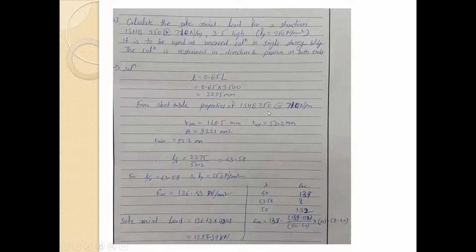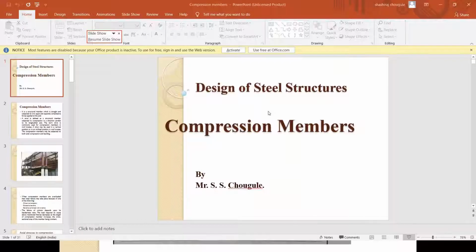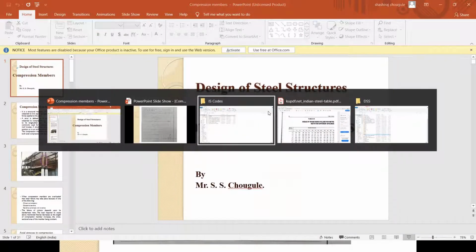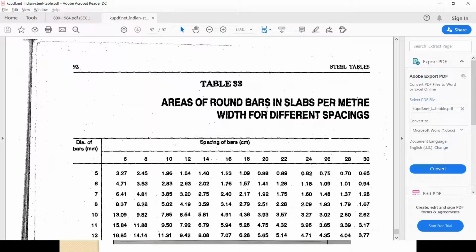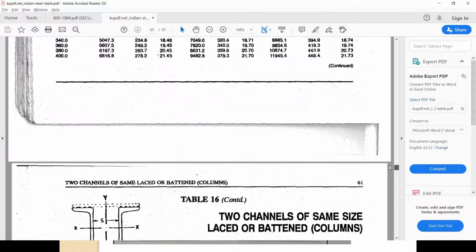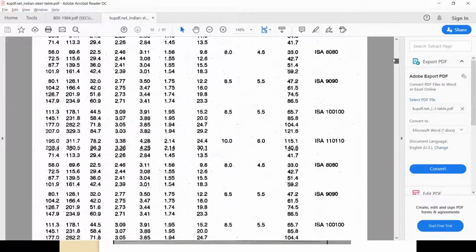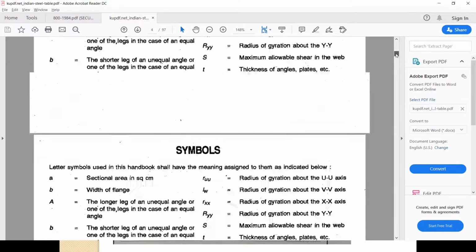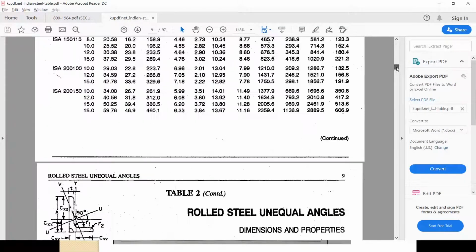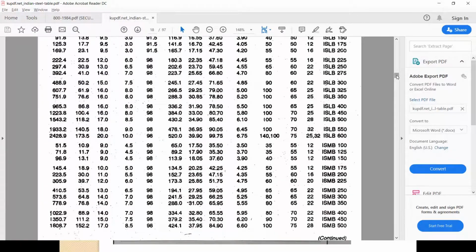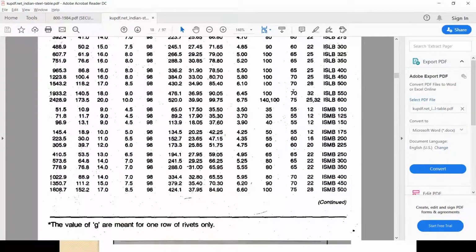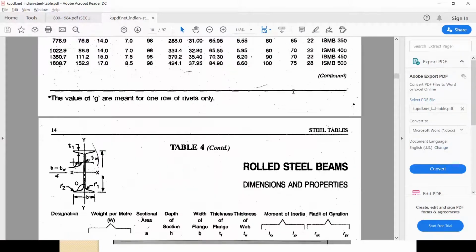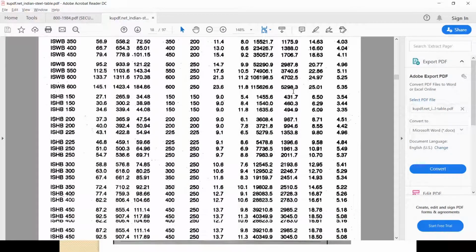So from the steel table, what are the properties of ISHB 350 at 710 Newton per meter? Moving to the steel table, we'll find the properties of the I section. This is the angle section, T section, and this is the I. So we are in search of this ISHB 350.